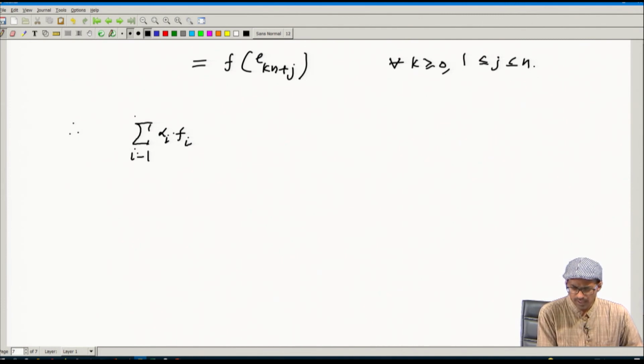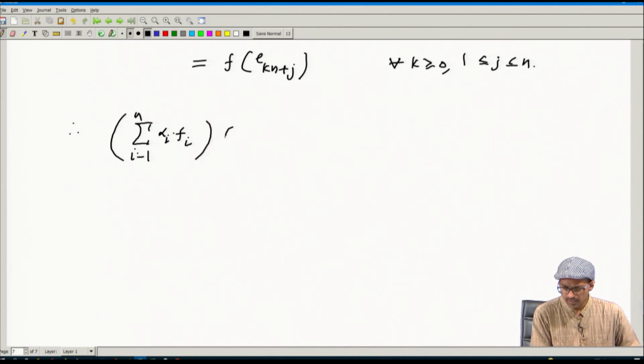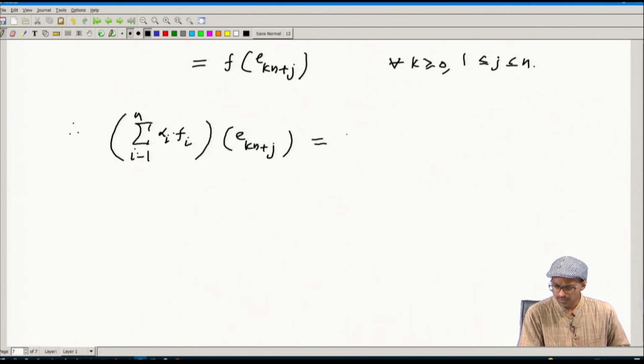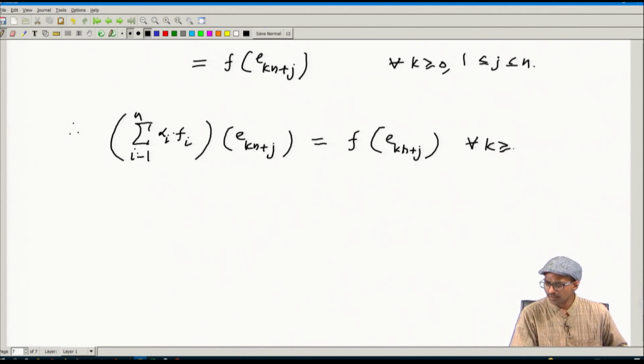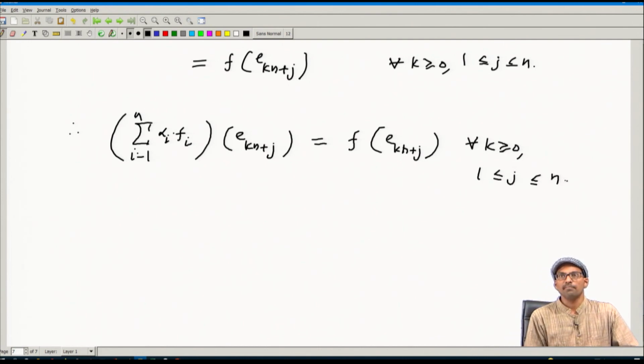evaluated at e_{kn+j} is equal to f of e_{kn+j}, for every k ≥ 0 and for any j between 1 and n.